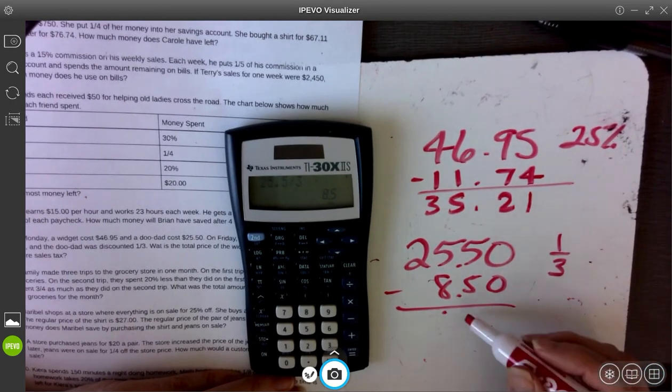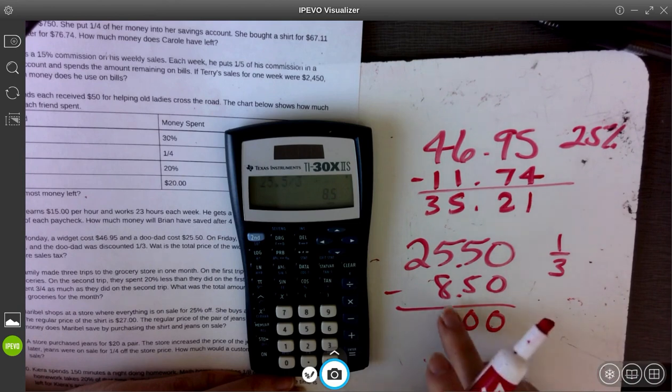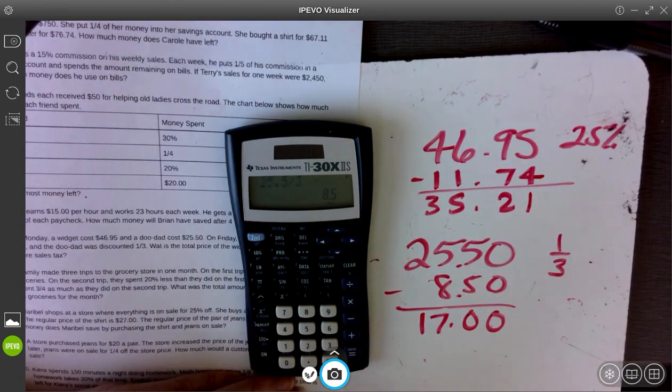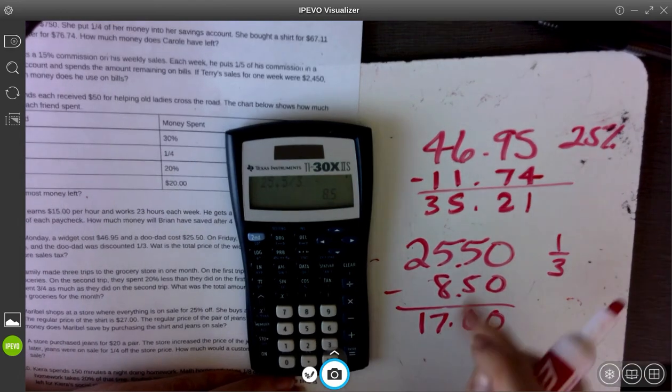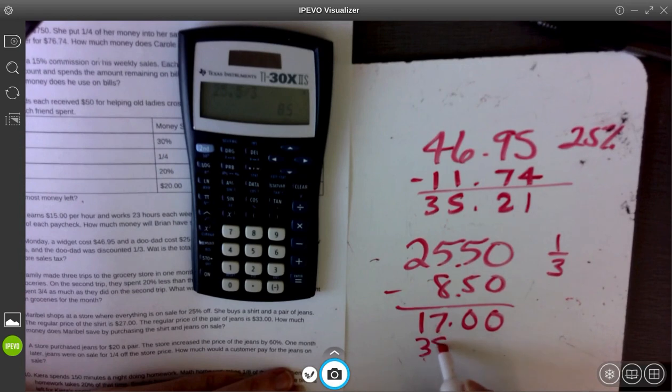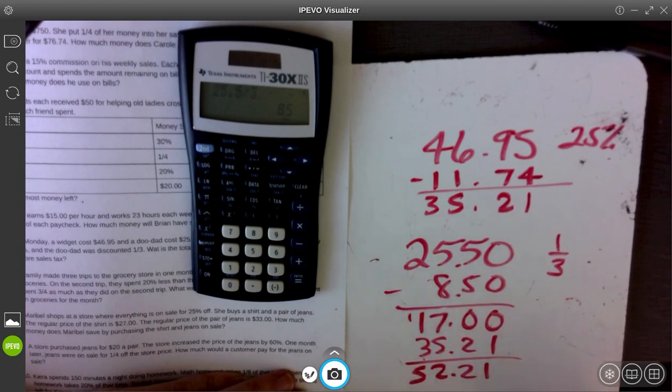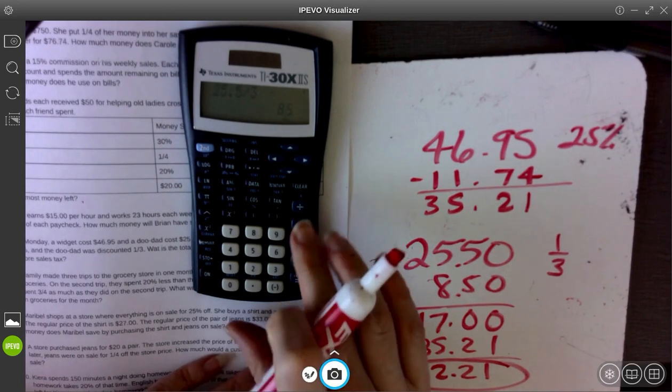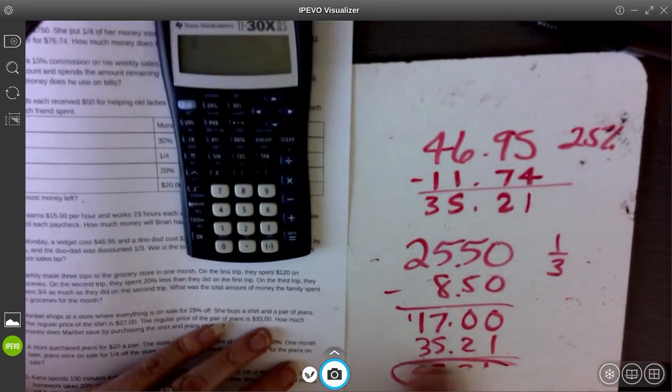And then the doodad is $17. So I've got $17 plus 35.21. I want the total price, which gives me 52.21. That's the total price. That was number 6. Moving on to number 7.